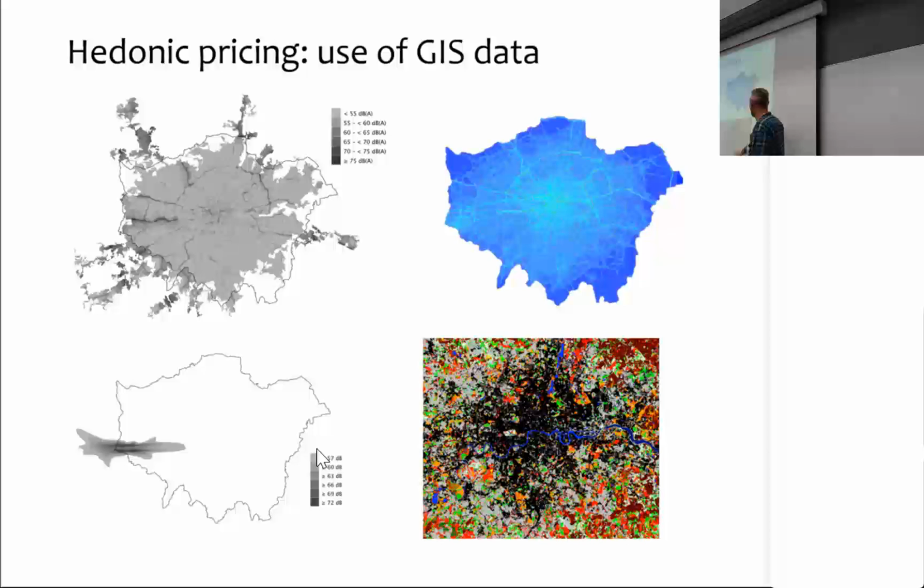This terrible map is not Pollock. This is the land use map. So in black it's built up, in light green it's agriculture, darker green is forest, blue is water, red, I think, is industrial, I'm not sure.